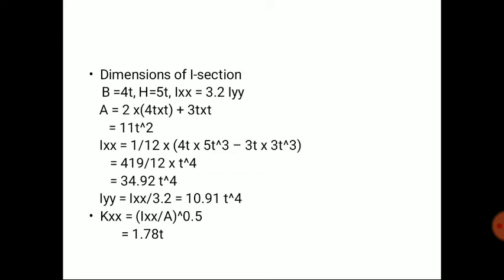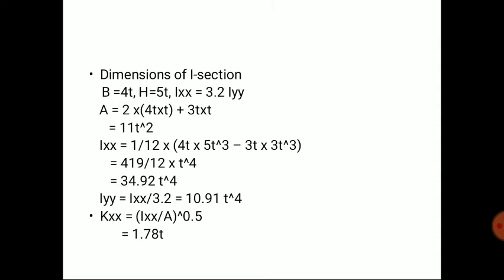Width is 40, height is 50, and Ixx is 3.2 I by y. The area of the I section we already know, or we can find: 2 times the area of the flange plus 1 times the area of the web. So it gives 11 t square.